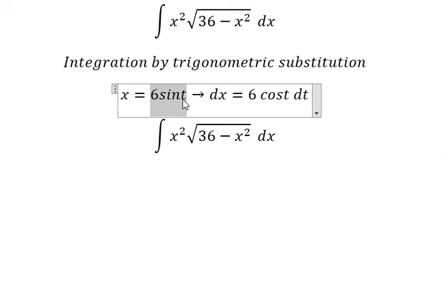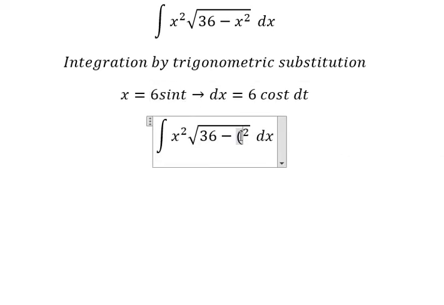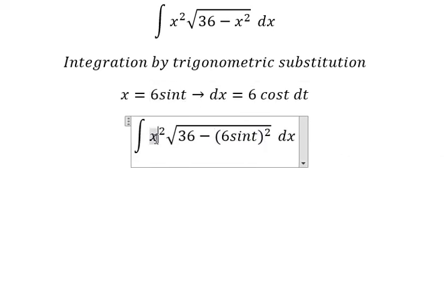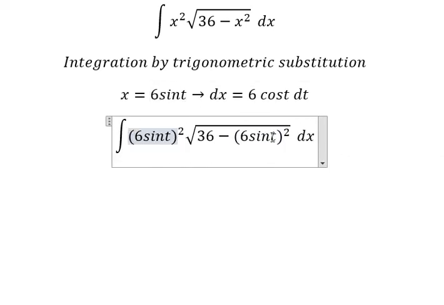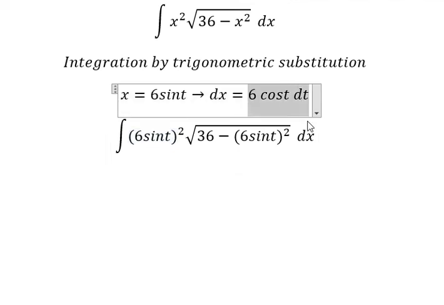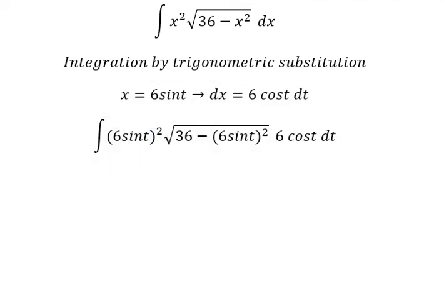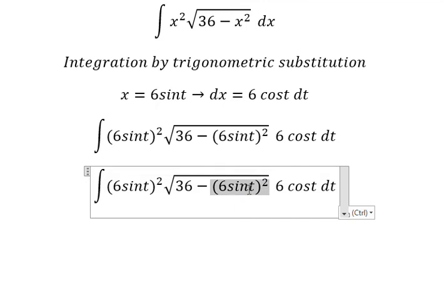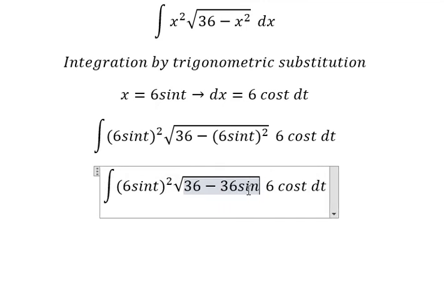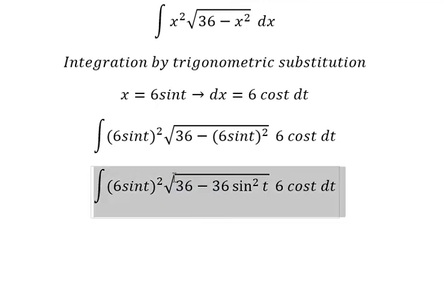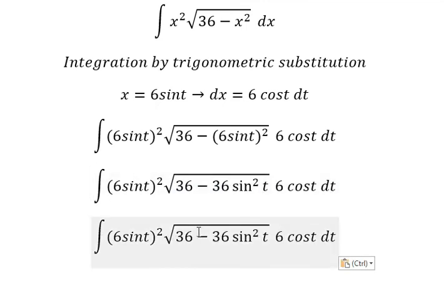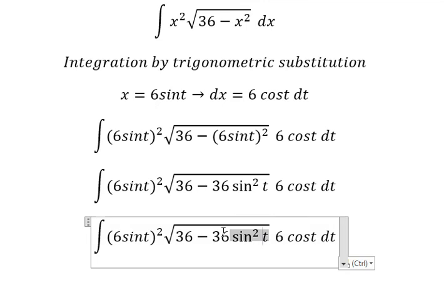So I will put this one in here and here. The x we change by this one. So this one you get 36 sin t squared. 36, we can do factorization.